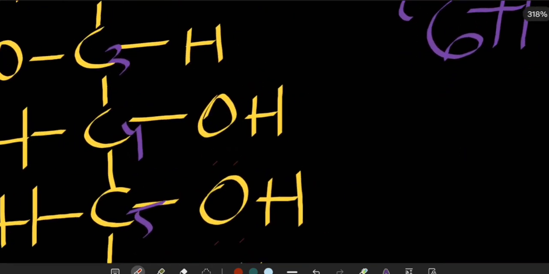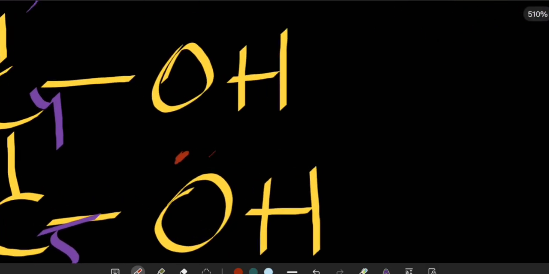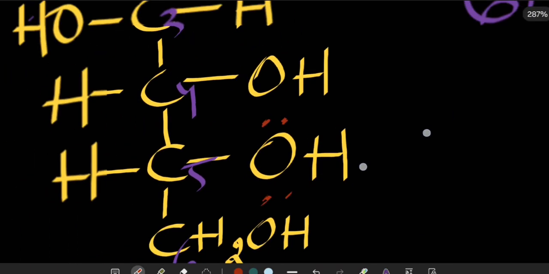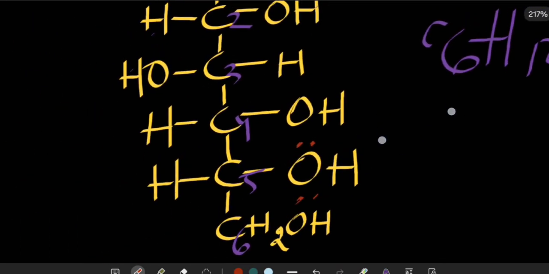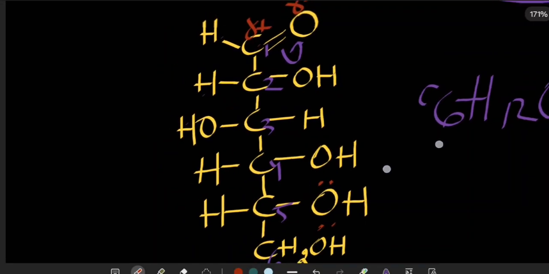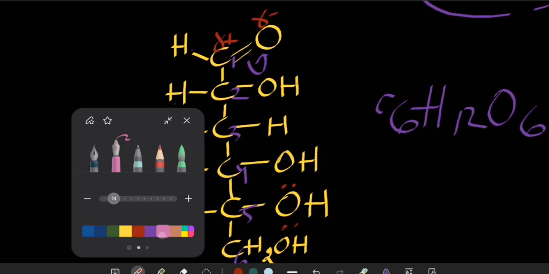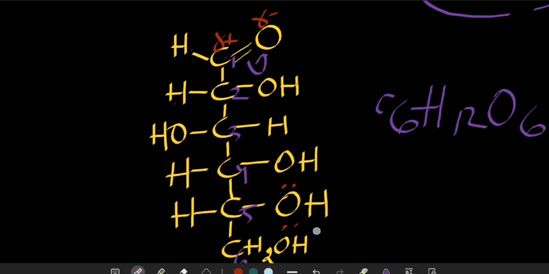Now I'm just going to draw the two lone pairs of electrons. Since it has 2 lone pairs of electrons, there is a possibility that this oxygen will attack this carbon, because it has a partial positive charge which has developed.